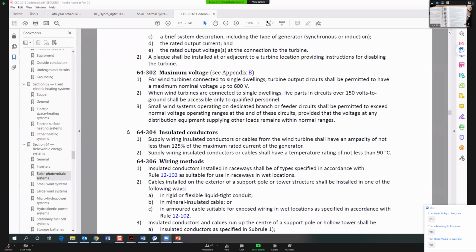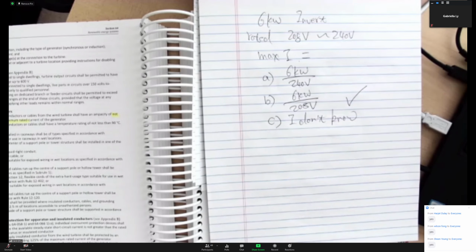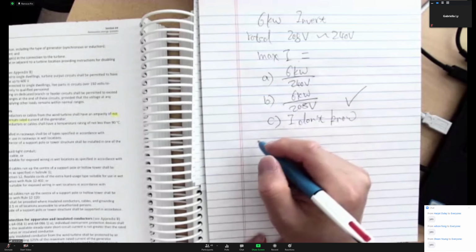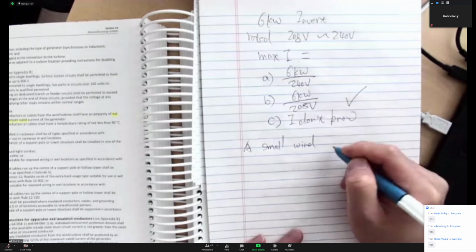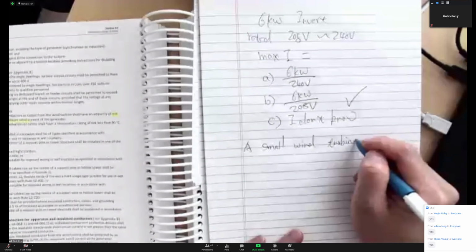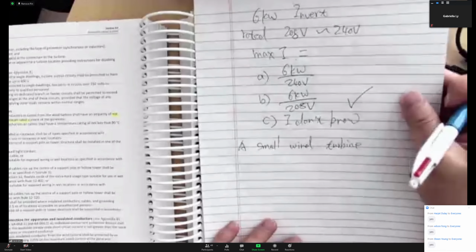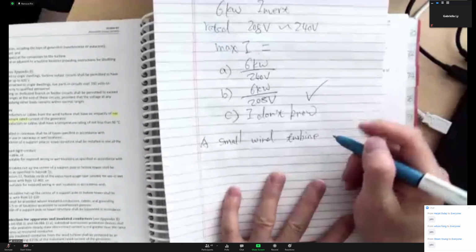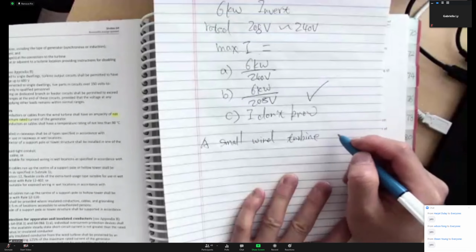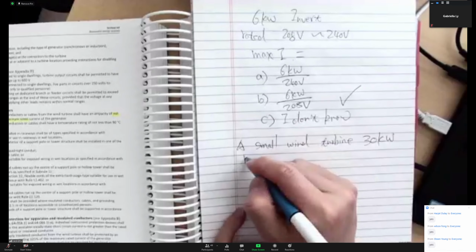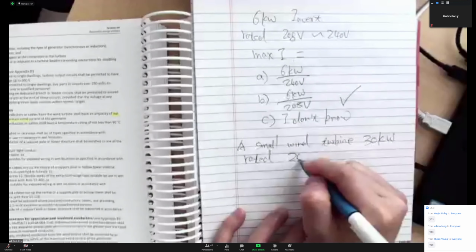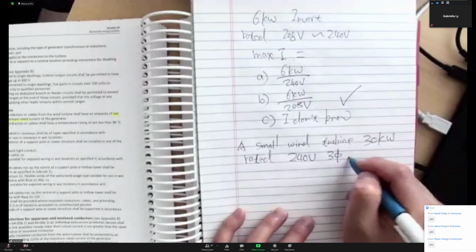Let's try something. A smaller wind turbine has 30 kilowatts, rated voltage 240 volts, 3-phase.